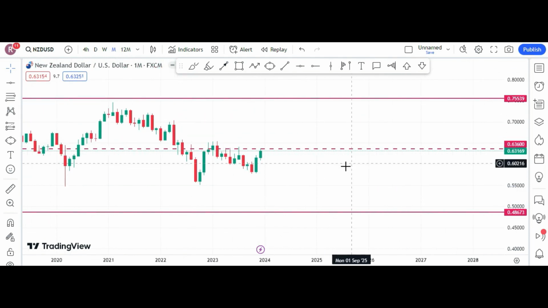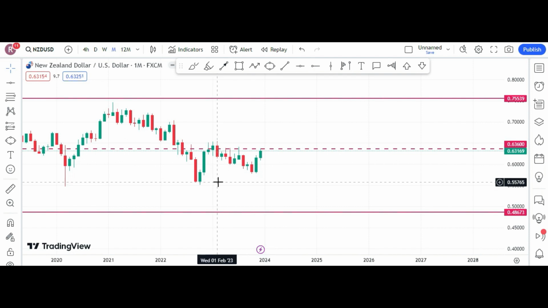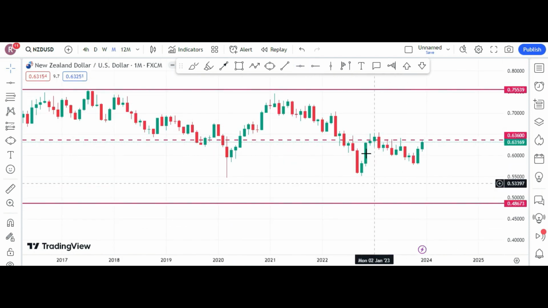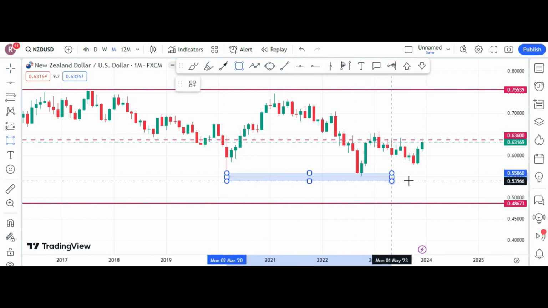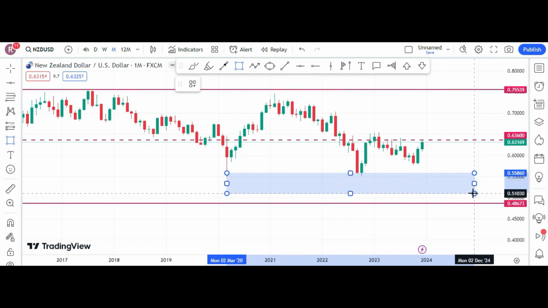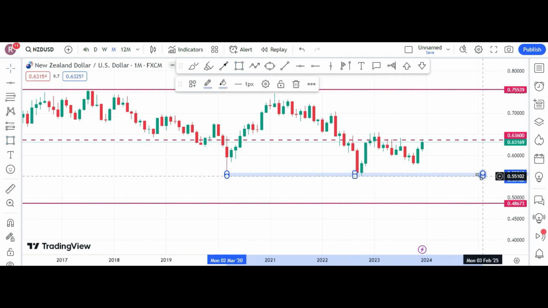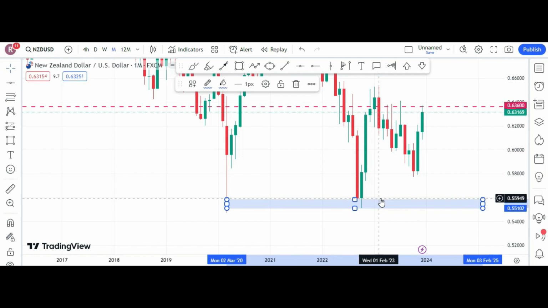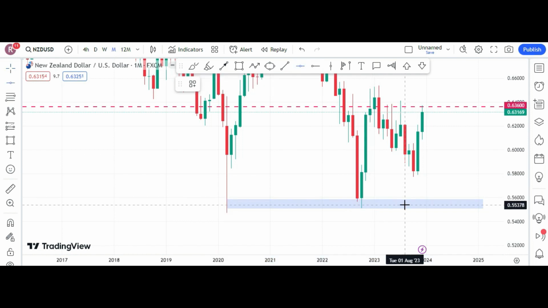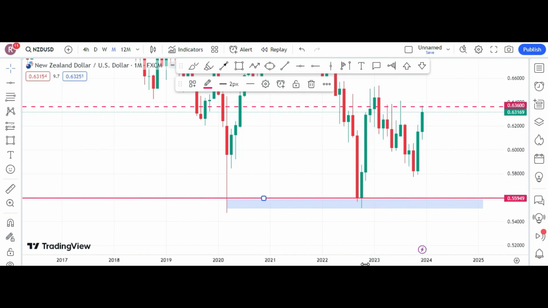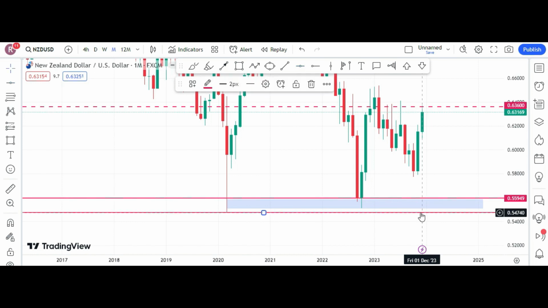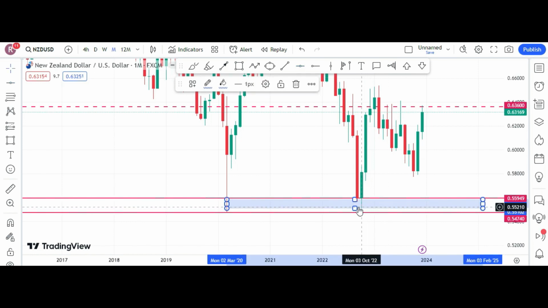If we see, guys, it made a double bottom here. So in monthly we had a double bottom earlier, from here to here. This has already worked out, and this double bottom sent the price up here. So let's mark it. This is one double bottom in monthly we had earlier.